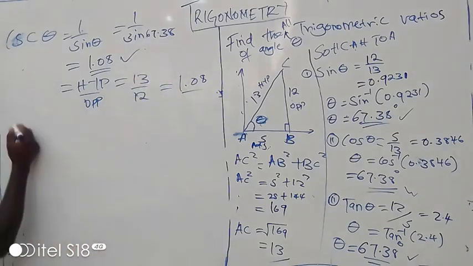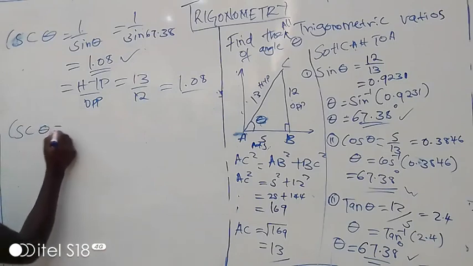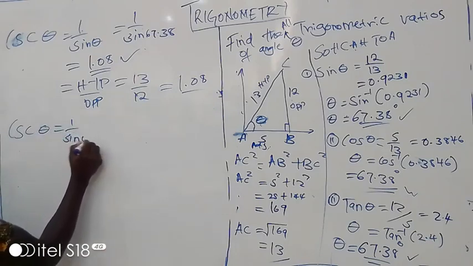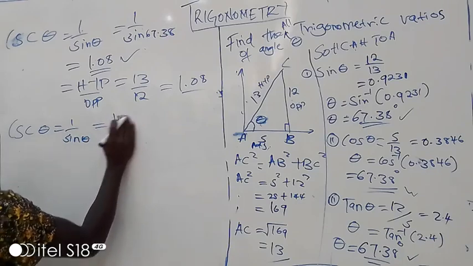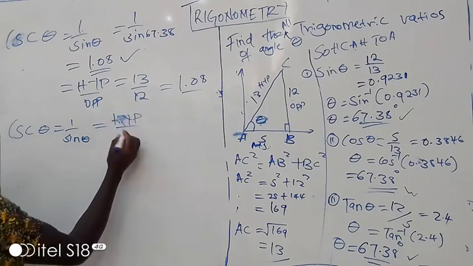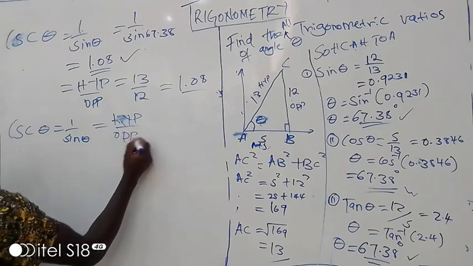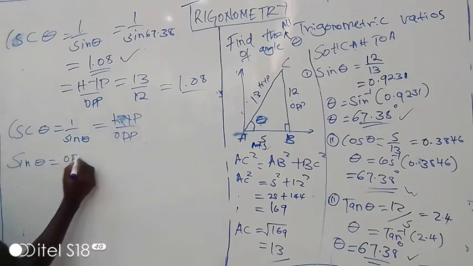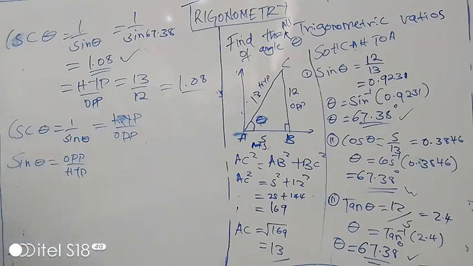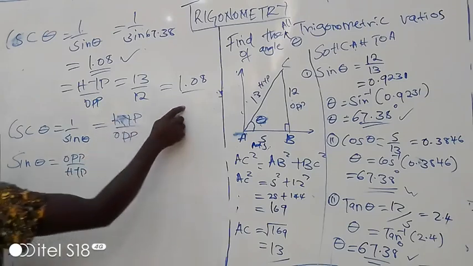If you can recall, cosec theta is 1 over sine theta. Since we are taking the reciprocal of sine theta, and sine theta is opposite over hypotenuse, cosec theta is hypotenuse over opposite. That is how we can see that this and this are the same.